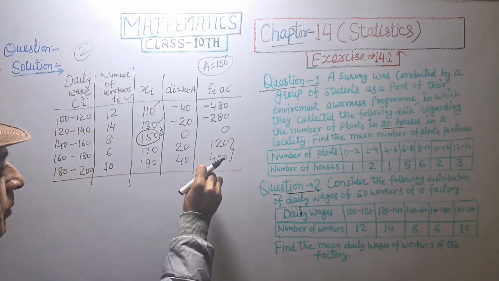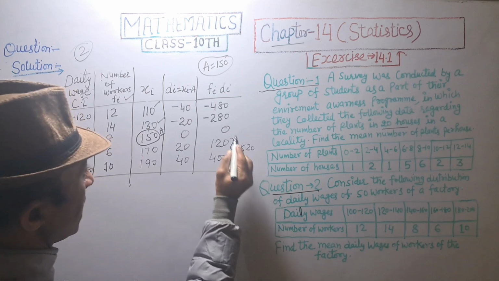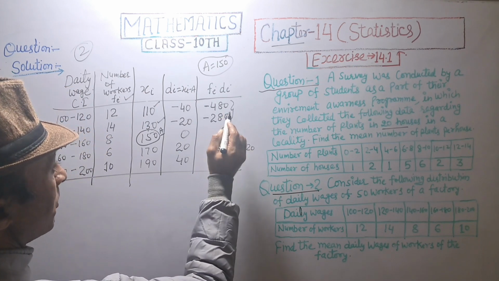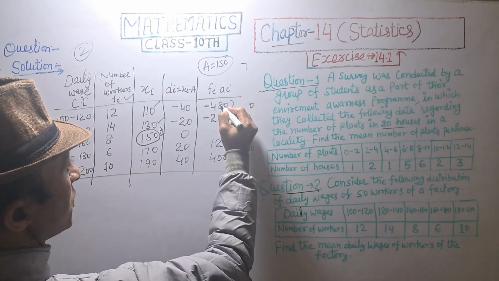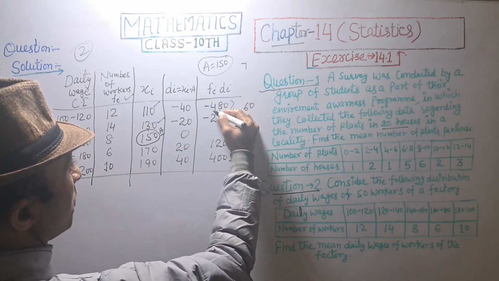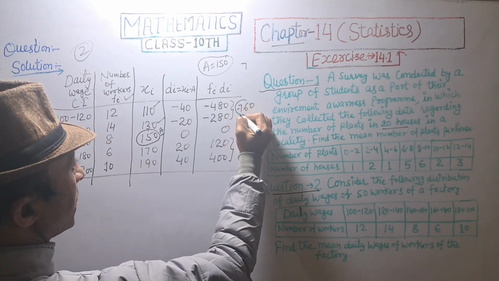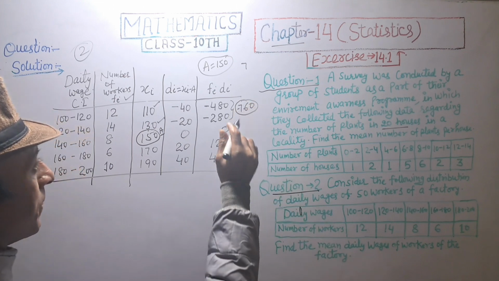Sum of positive numbers is equal to 520. And sum of negative numbers: 0, 6, 8 plus 8, 16, 4 plus 2, 6, plus 1, 7, that is minus 760.